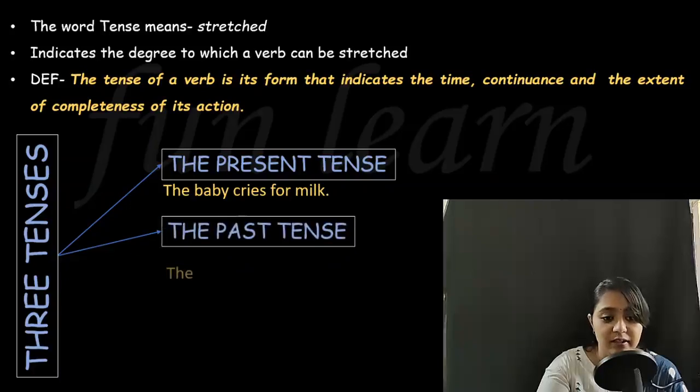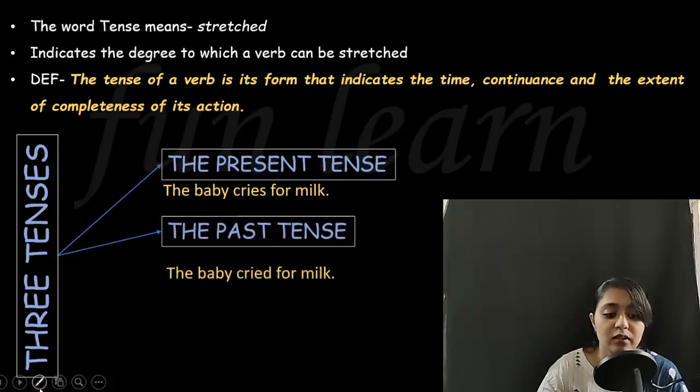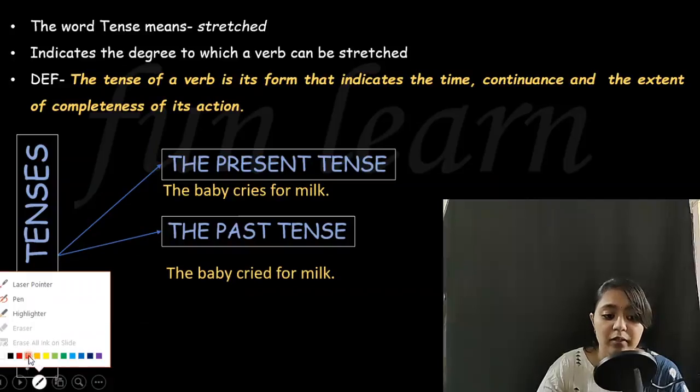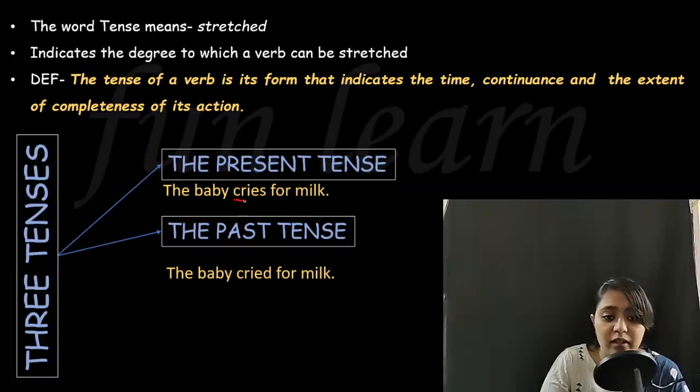Second, the past tense. The baby cried for milk. Here, see, cry is the word which we use for making the verb. So cry defines what the baby is doing. The baby cries for milk. The past tense means the baby has already cried for milk.